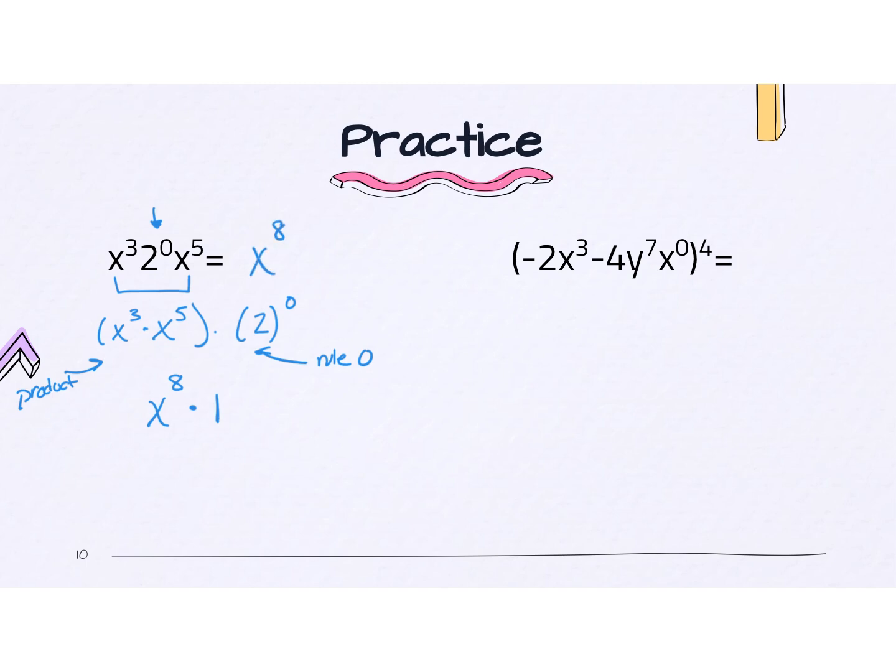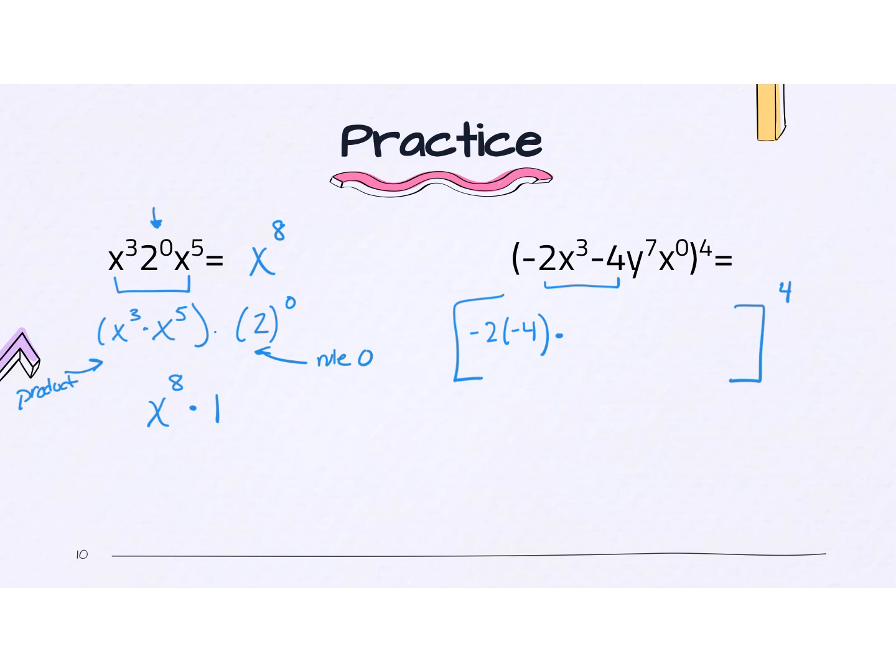So let's take a look at this one. Again, what I do is I simplify inside the parentheses because that's what order of operations tells us to do. I'm going to take my numbers first. So I'm going to have all of this together to the power of 4. So I'm going to have negative 2 times negative 4.